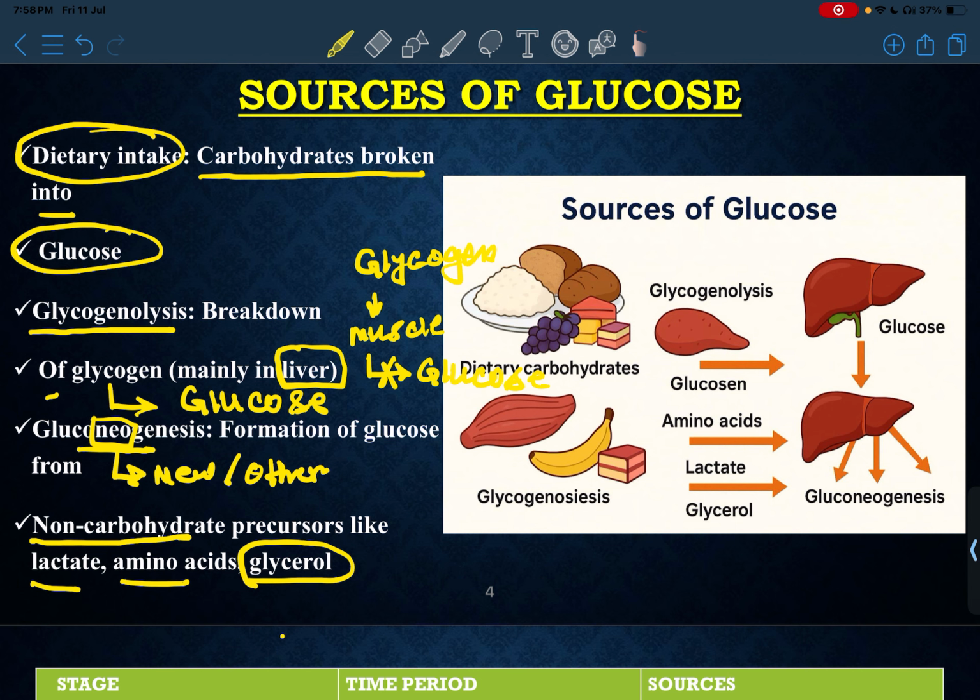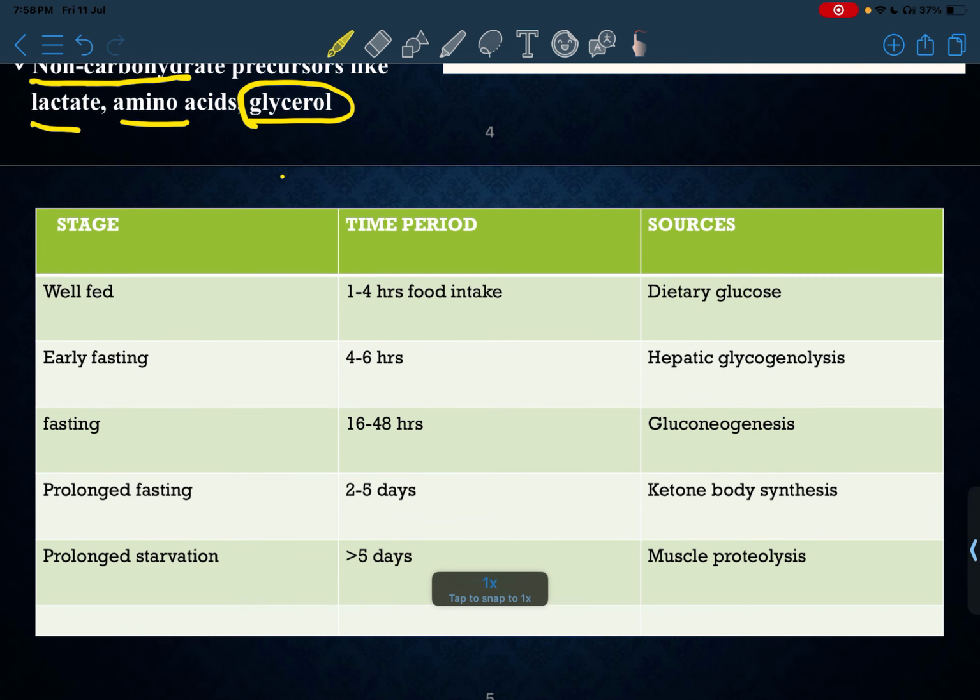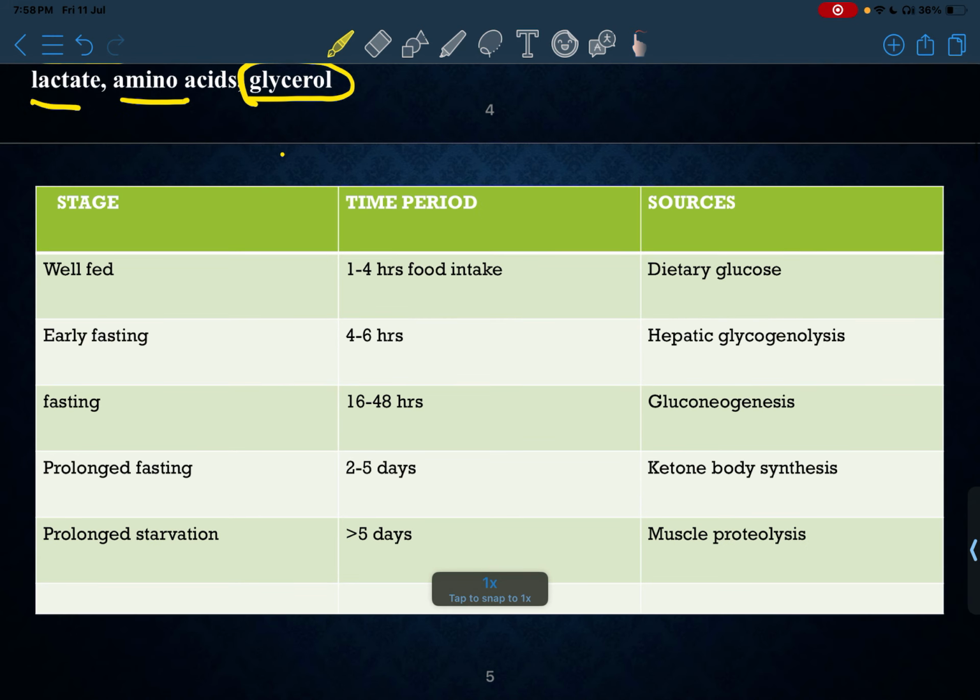Okay, so the sources of glucose vary in different stages like the well fed stage, early fasting, prolonged fasting, and prolonged starvation. So in the well fed stage, what is the well fed stage?